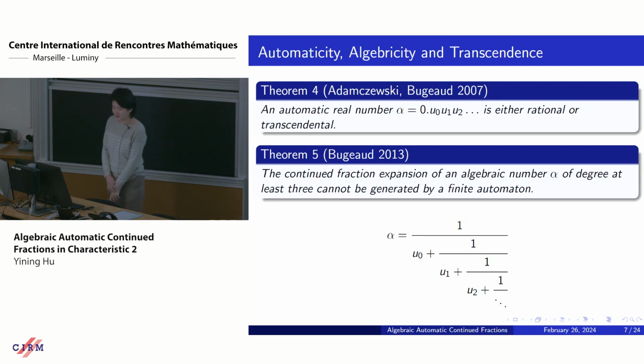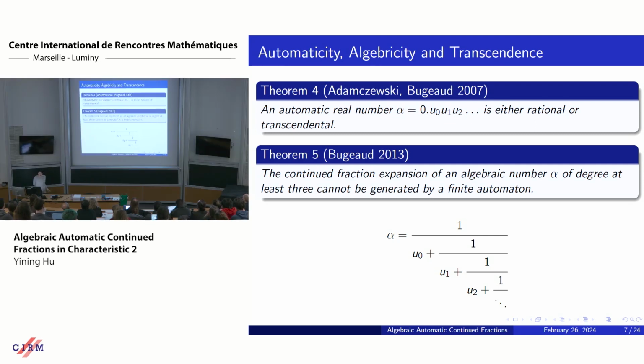And then we also have the following two theorems, which say that the real case is completely the opposite of the finite characteristic case.